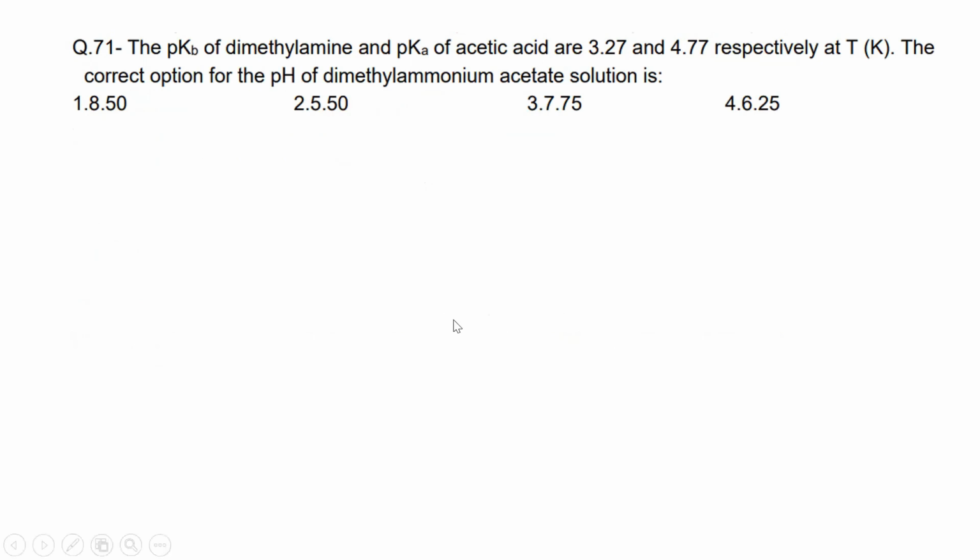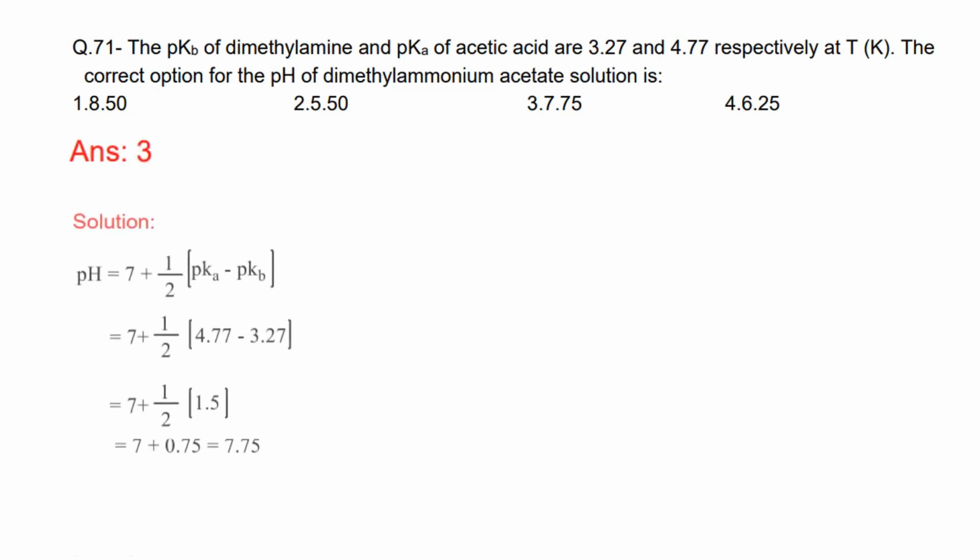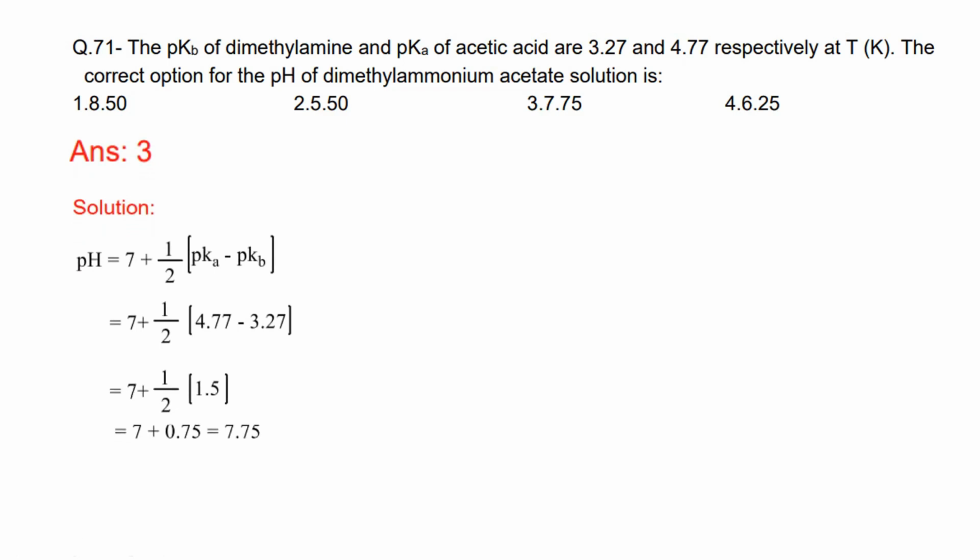So the formula to calculate pH for that is 7 plus half into pKa minus pKb. The pKa and pKb values are already given, so we just have to substitute and get the answer. So 7.75 is our answer. So option 3 for question number 71.